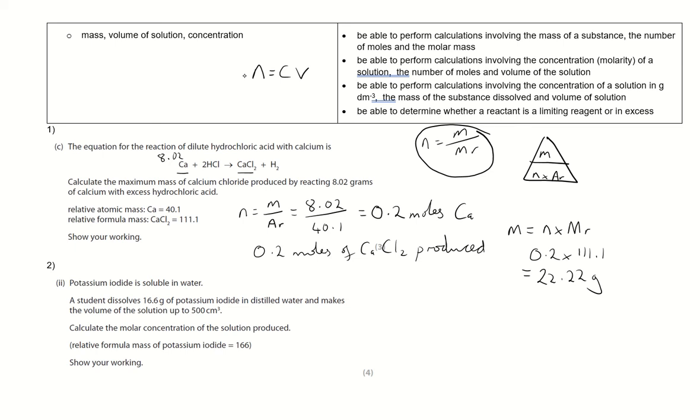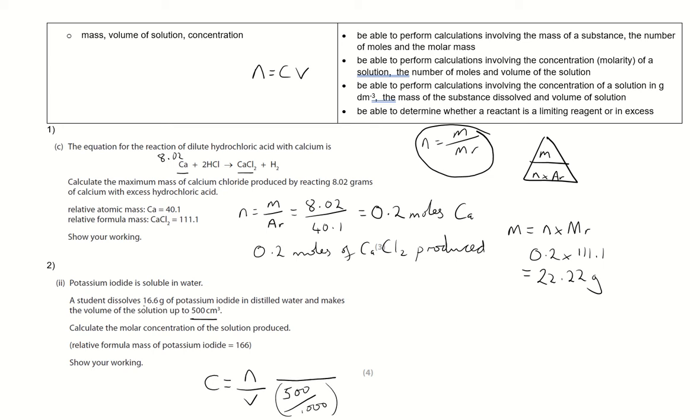Right, so first off, I would get my equation C equals n over V. I need to rearrange this to make concentration the subject. So I can see what I need to know. I'm given the volume in the question, but I need to convert that. So 500 divided by 1000. Now moles. Moles I can't see anywhere.